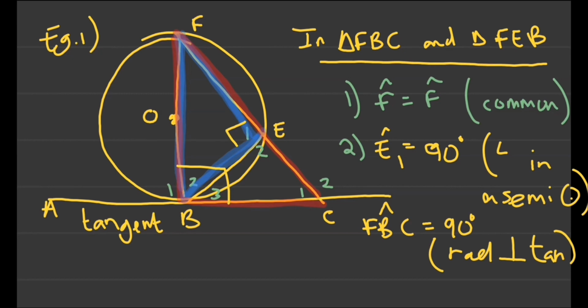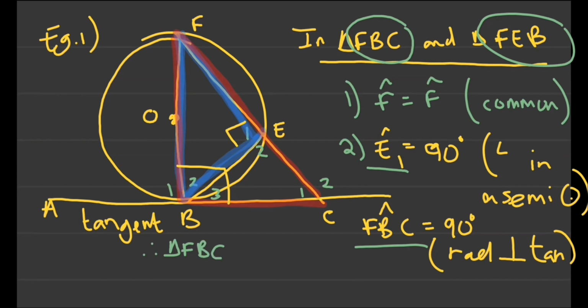So you have two 90-degree angles. E1 is 90, that's in triangle FBE, and then angle B is 90 in triangle FBC, and so they are equal to each other. Okay, you proved now two angles of the one triangle are equal to two angles of the other triangle. Now you can confidently say, therefore, triangle FBC is similar.